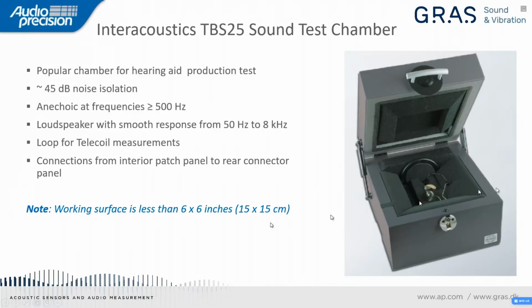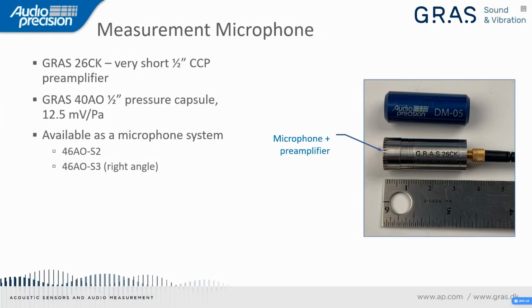Now, for a measurement microphone, you're required to have a pressure capsule, pressure response microphone for use with the 2cc coupler. And of course, the microphone needs a preamplifier. And our sister company, Grass, has a very nice offering here. It's the Grass 26CK, very short 1/2 inch CCP preamplifier.